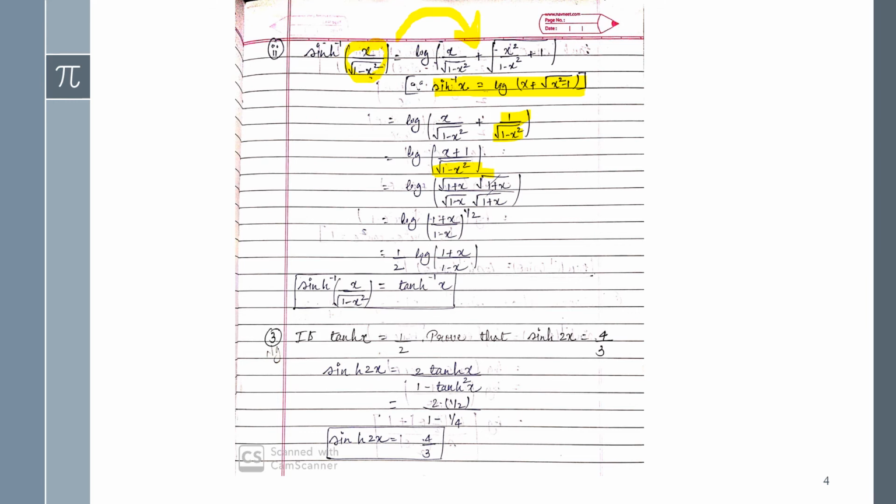And also we have simplified this one, x plus 1, under root x plus 1 into x plus 1. So after giving the simplification you will get this one, and from here I removed the root, then you can get the answer in the 1/2 form, and this is nothing but tan h inverse x.